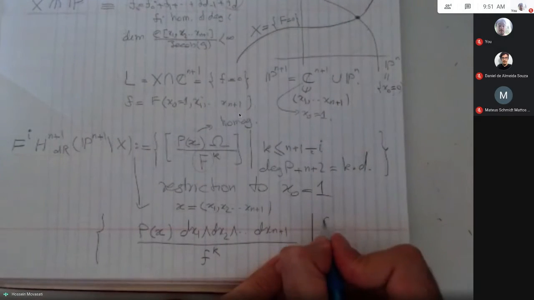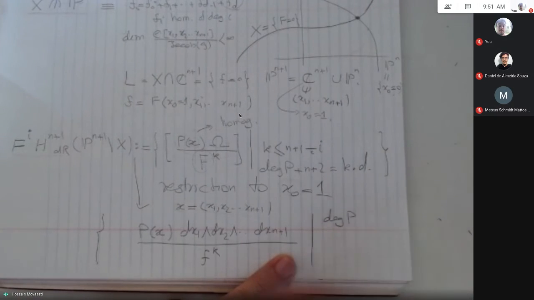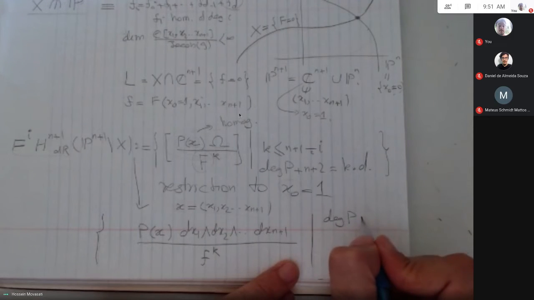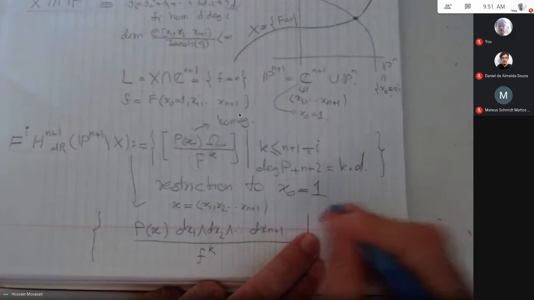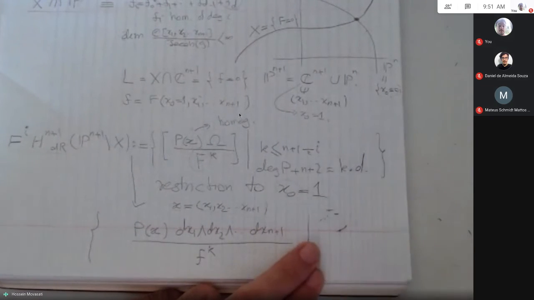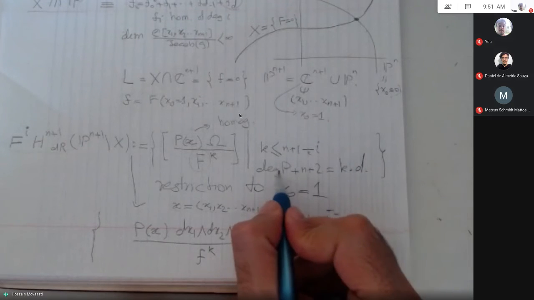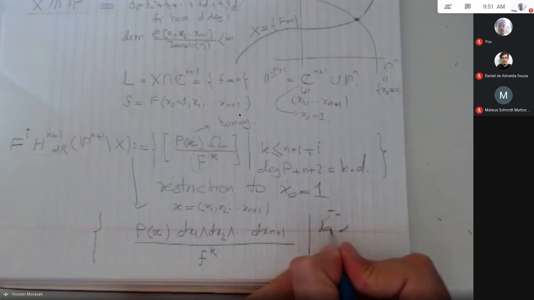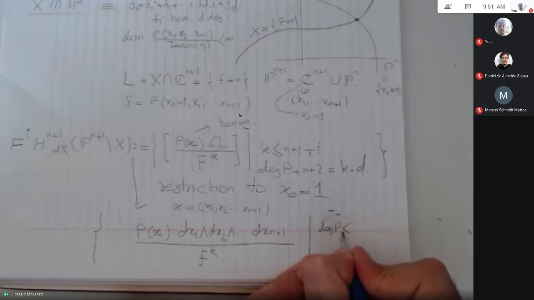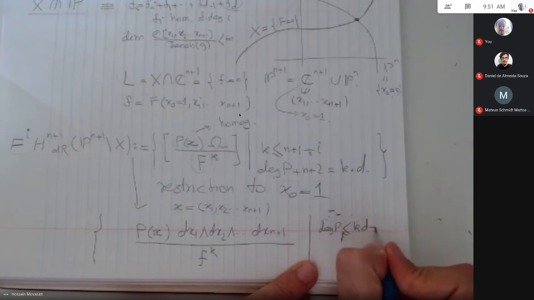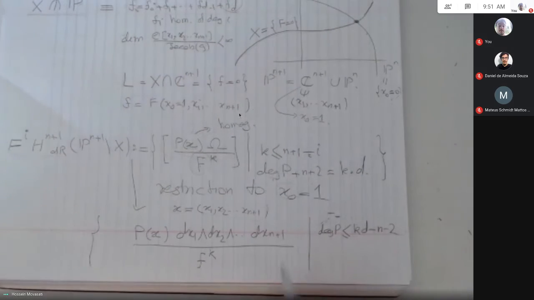And then here now the degree of P is not necessarily homogeneous. The degree of P, let me say, and anyway, since we are restricted to x0 equal to 1, this means the degree of P will be less than kd minus n minus 2.